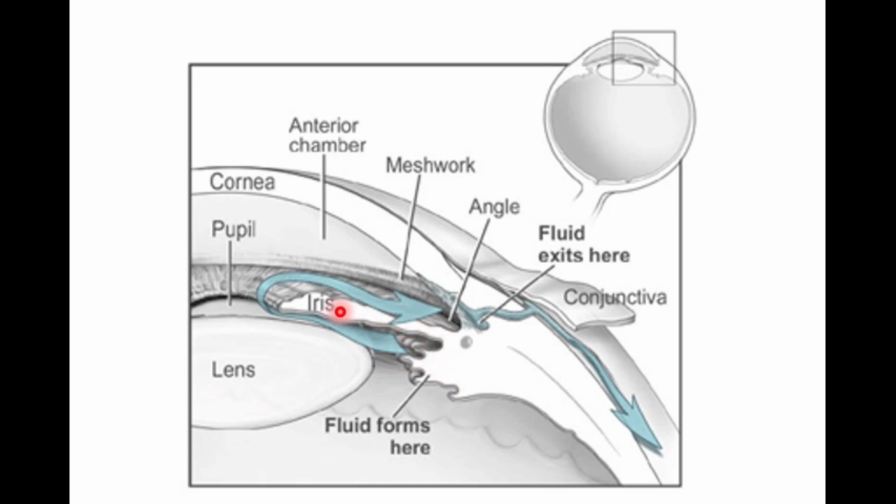Paralysis of circular muscle of the iris can lead to narrowing of the angle between the base of the iris and the inner surface of the cornea. This may predispose to impaired drainage of aqueous humor into the canal of Schlemm, and hence a rise in intraocular pressure.